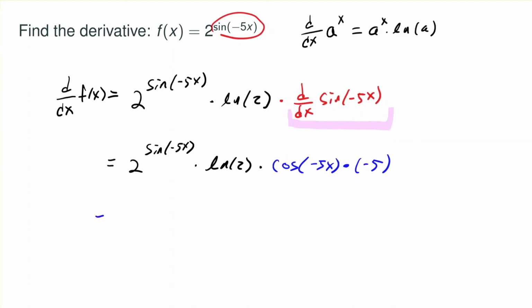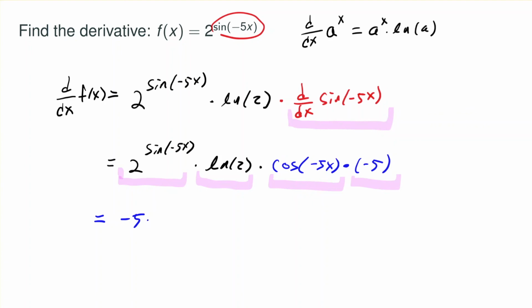So for the final answer, we usually multiply the negative number into the front. Let me put it this way first. We're multiplying 4 different terms here, like this. Multiplication order doesn't matter, so we can rearrange it to look better.